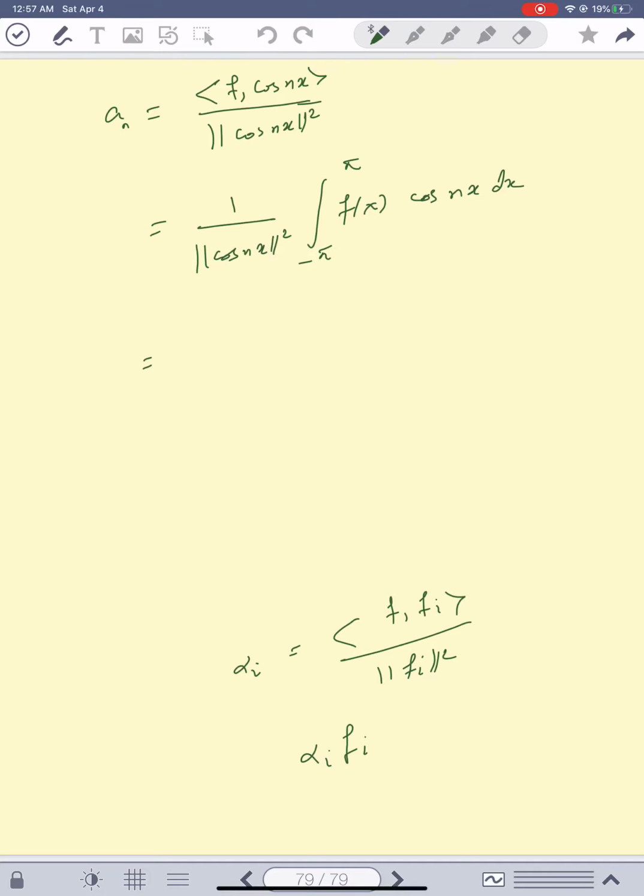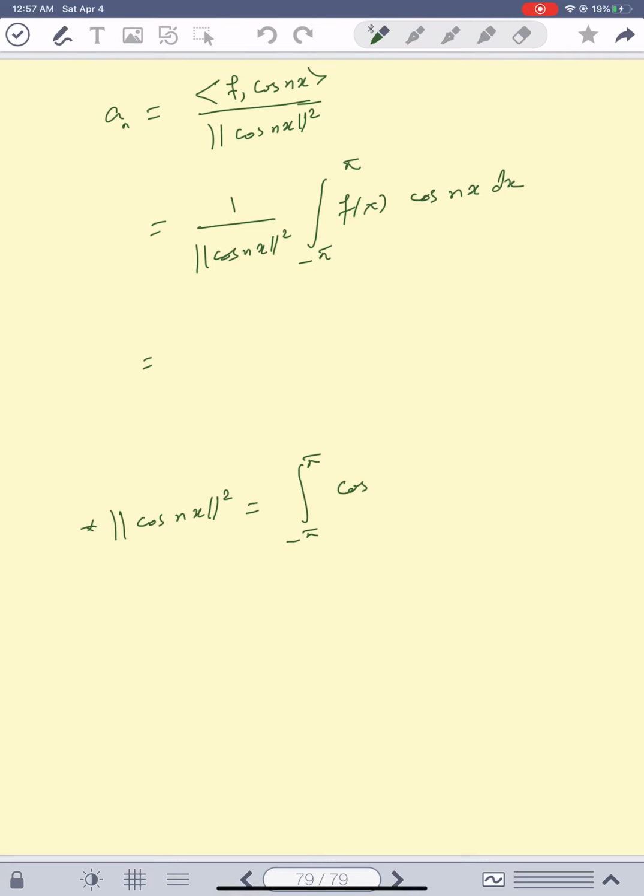But again, you need to compute the magnitude of cosine squared. How do you compute it? You say, okay, the magnitude squared of cosine nx is the integral from minus pi to pi of the function times itself. So it's cosine squared nx dx, which is half the integral of 1 plus cosine 2nx dx.